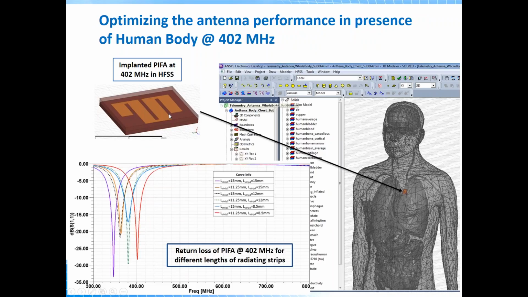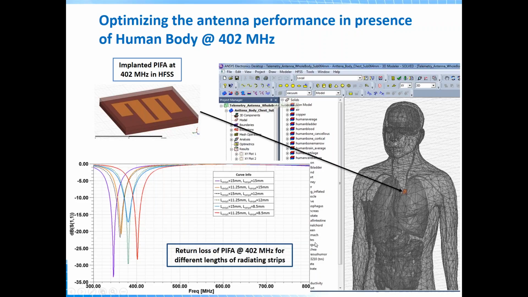But then the process was to put the antenna in the human body model. As I mentioned, ANSYS has a human body model that has over 300 parts, like organs and muscles, and they are all there, and they are all frequency dependent for electromagnetic analysis.